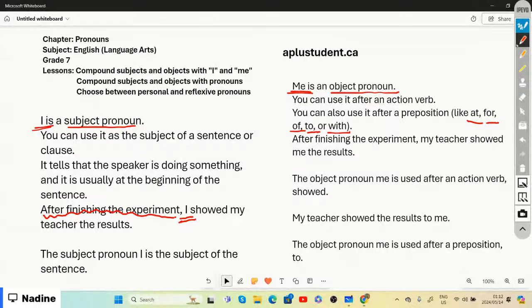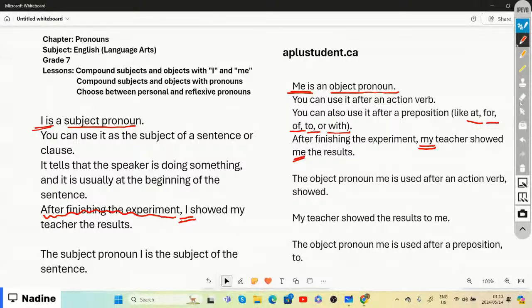So the object pronoun me can be used after an action verb, or after a preposition such as at, for, of, to, or with. For example, after finishing the experiment, my teacher showed me the results.